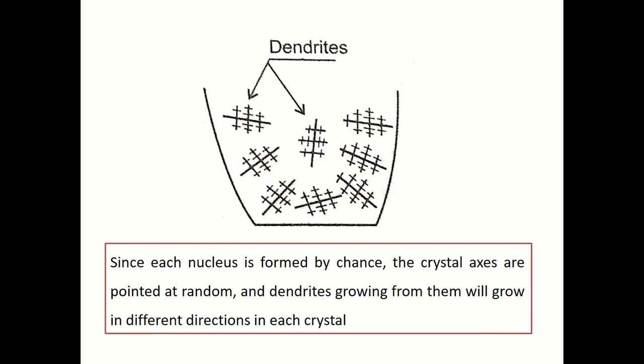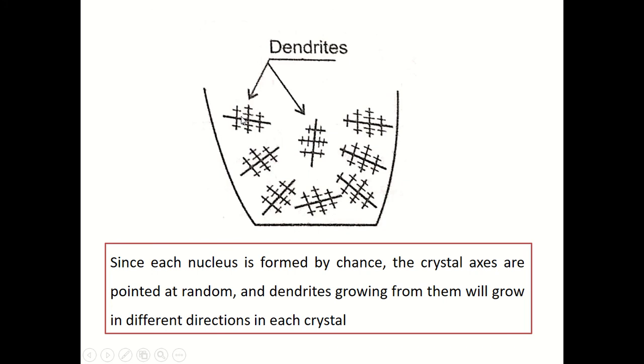So each individual dendrite is analogous to a crystal skeleton, I will say. You may please note that at the same time the dendrite grows, the dendritic arms, I mean the small secondary and tertiary arms, thicken at the same time.